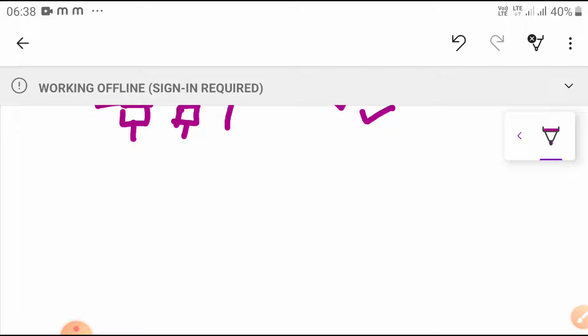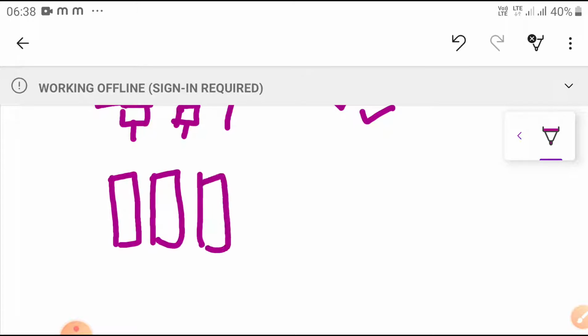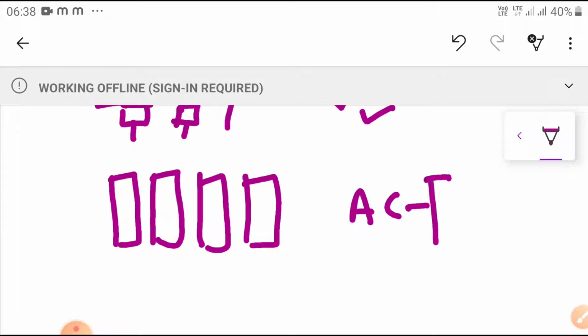So we can calculate it. What is the slot pitch angle? That means here this is one slot, this is another slot, this is another slot. In AC windings, we have single phase as well as three phase motors.